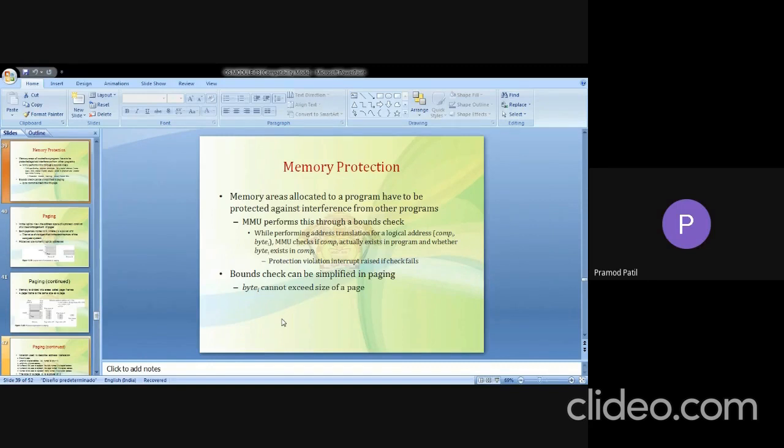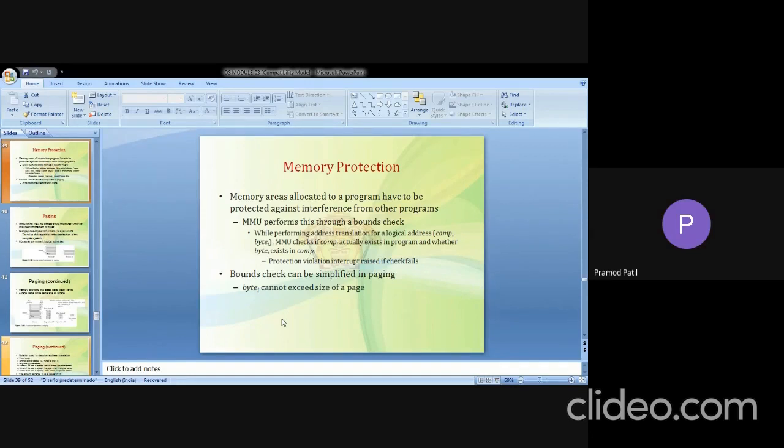So this is how memory protection can be done. Memory areas allocated to a program have to be protected against interference from other programs. The MMU performs this through a bound check. Using that, your memory management unit provides protection while performing address translation for a logical address.